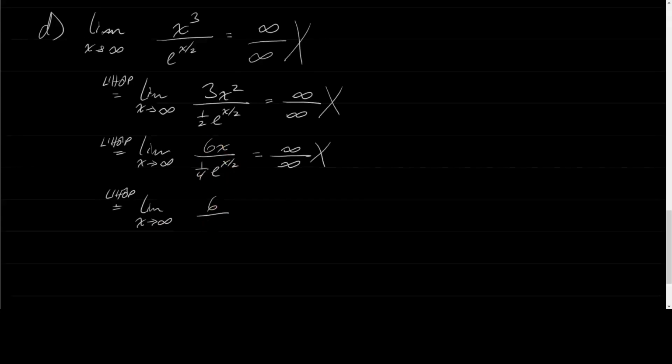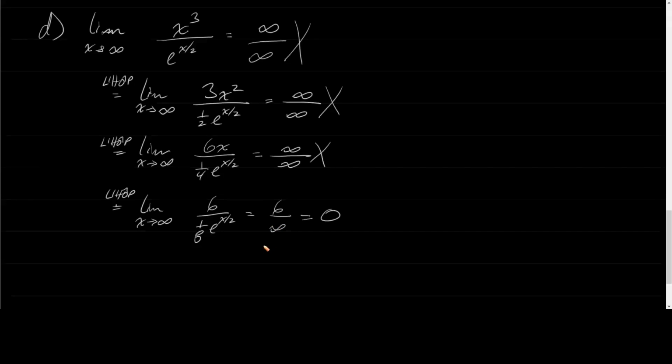The derivative of the bottom, 1/8 e to the x over 2. And now as I let x go to infinity, notice that on top I still have 6. On the bottom, e to the infinity, infinity times 1/8, is still infinity. 6 over infinity goes to 0, because it's a constant number divided by a huge quantity.